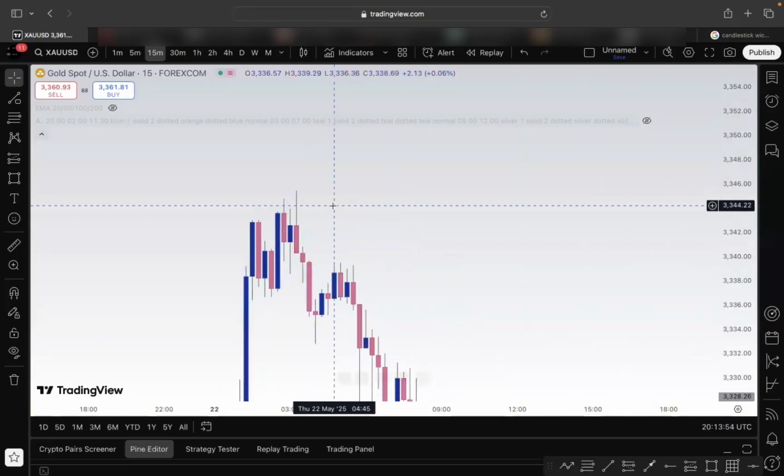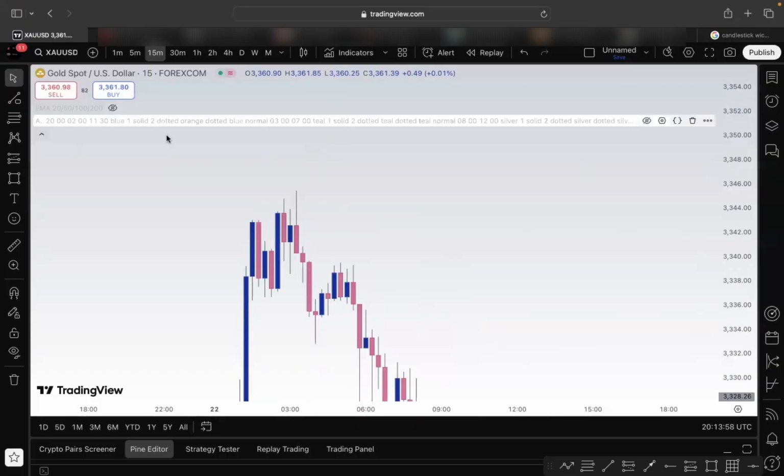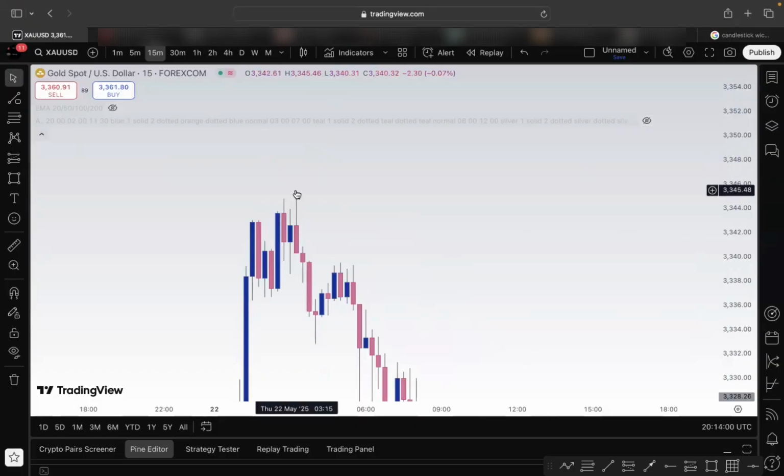And then inside the candle we have the wick, or some call it the shadow, the highest points that price reached in that particular time. So I'm highlighting this particular candle here. You can see the candle was formed on Thursday, yesterday, 22nd May 2025 at 3:15.